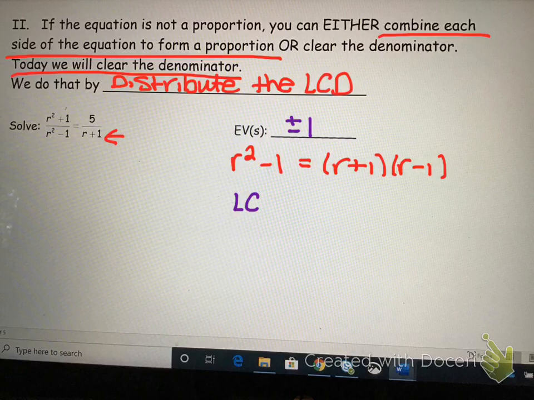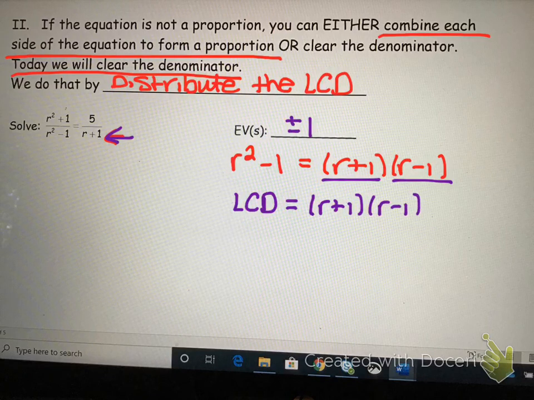The other thing that it tells us is what our LCD is. Remember that the least common denominator is the denominator that will have all of the factors from the various denominators accounted for but not duplicated. So if one of our denominators has r plus 1 and the other denominator has r plus 1 and r minus 1, then our LCD will be r plus 1, r minus 1.